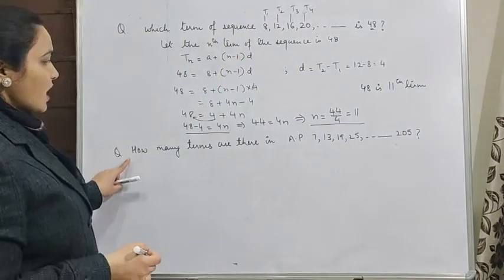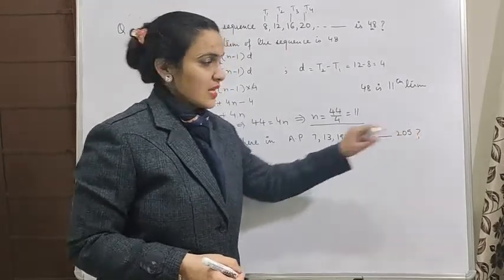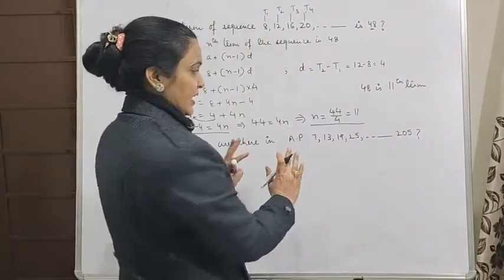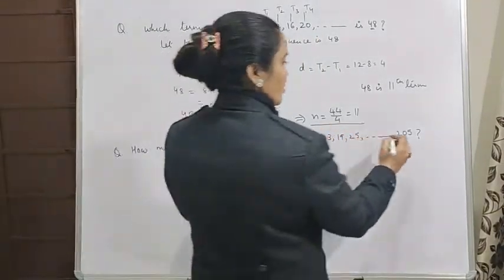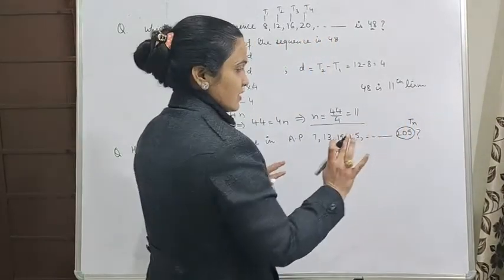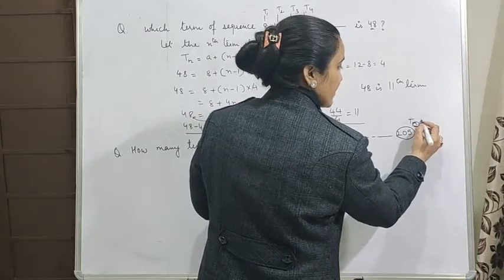Next question is, how many terms are there in this arithmetic progression? We have to tell how many terms are in this arithmetic progression. Let us suppose the last term is tn, which is 205, and we have to find n. What is n here?